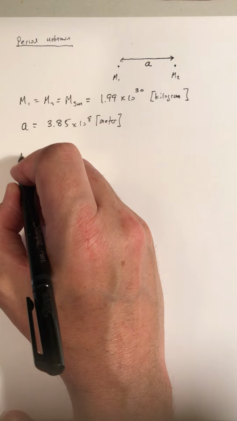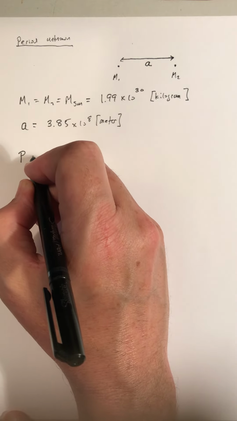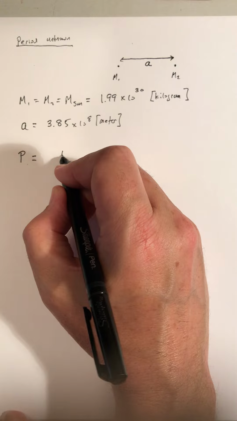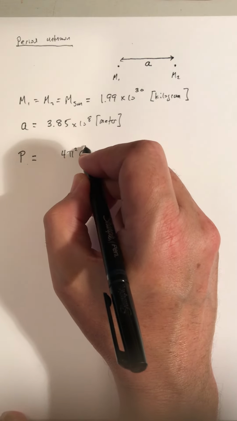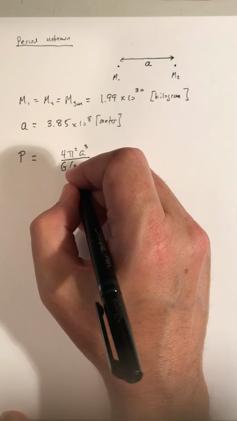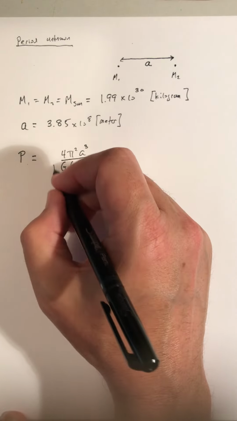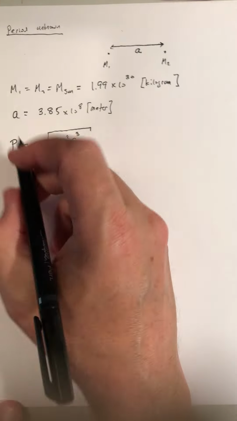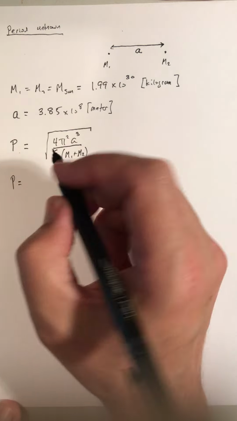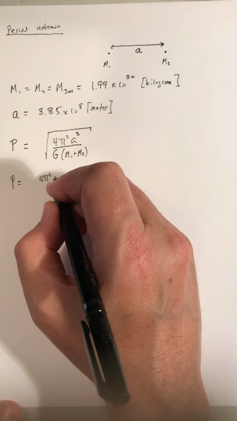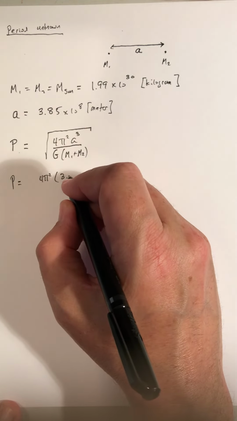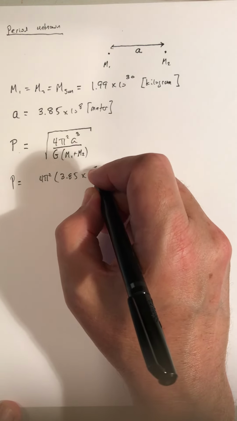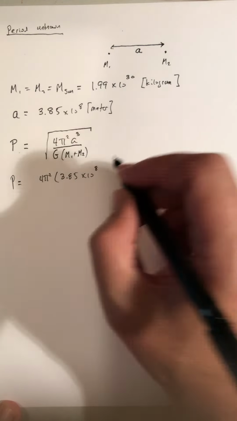All right, solving for the period, since it's period squared, this is going to have a square root in it: 4 pi squared a cubed over G times M1 plus M2. Putting in values, 4 pi squared, 3.85 times 10 to the 8th meters cubed.